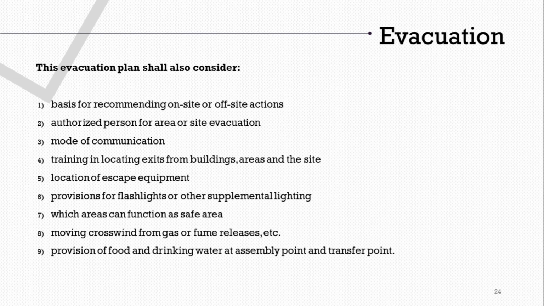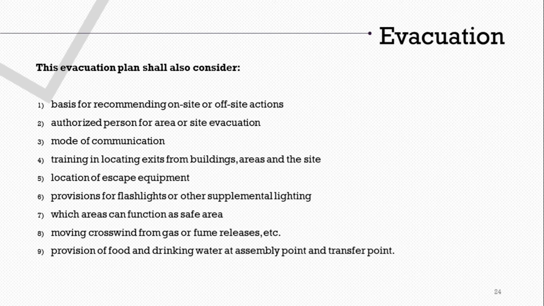This evacuation plan shall also consider many points. These are: first, the basis for recommending on-site or off-site actions, then the authorized person for area or site evacuation, mode of communication, training in locating exits from building areas and the site so that people are aware of all the exits and entrances, location of escape equipment, provisions for flashlights or other supplemental lighting, and a count of all the people.